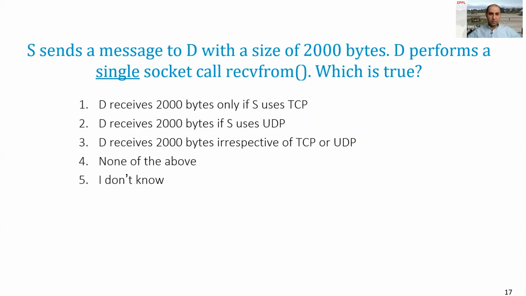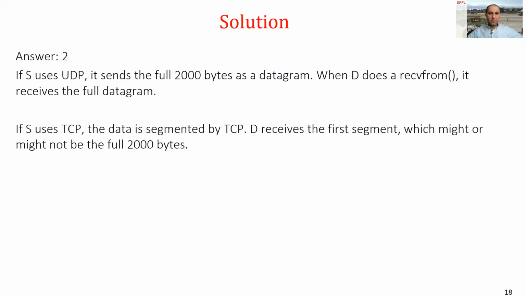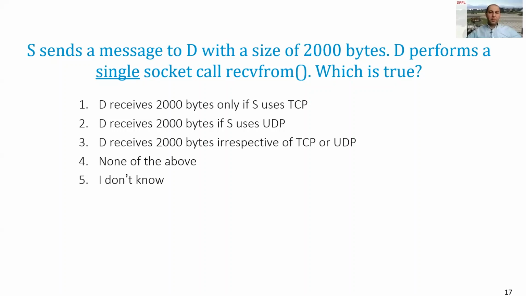Sorry, I have a question. Sure. So could it send many sockets in the case of TCP? What do you mean? It will create many parallel sockets to send these 2000 bytes? It is up to the application to do it.